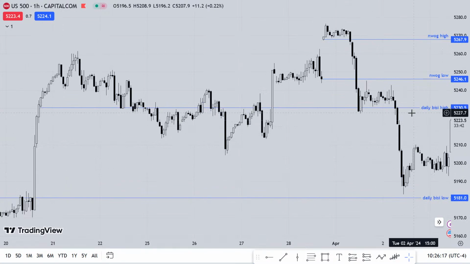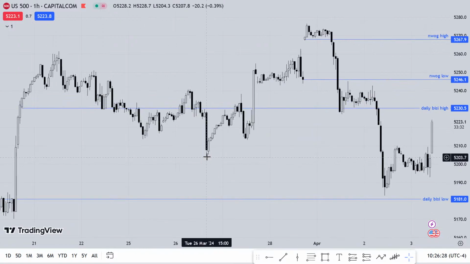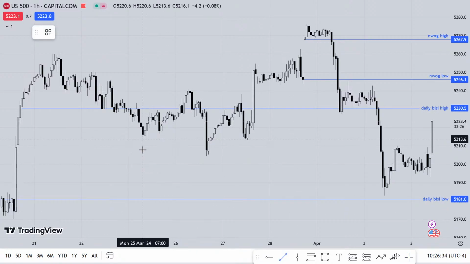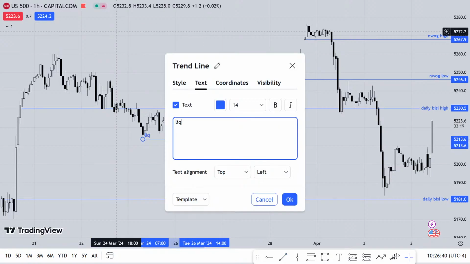So we traded down yesterday into this BC, which is here, taking out sell side liquidity that was created here. So this is what I was referencing regarding liquidity purge and liquidity sweep.